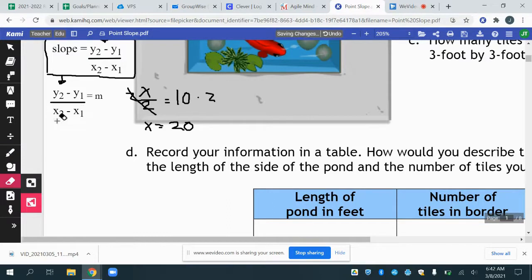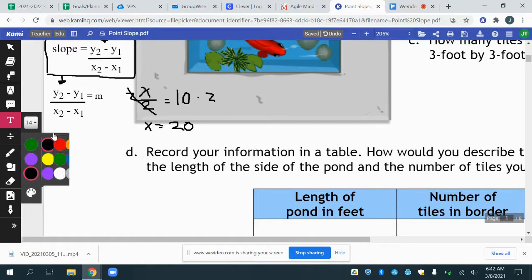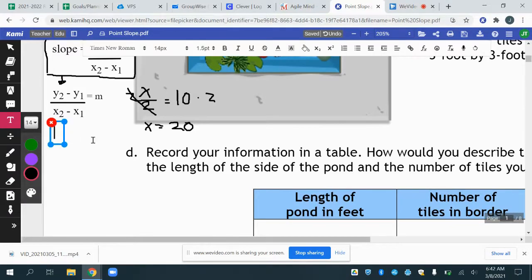All right, so we got these guys. I'm going to multiply by x2 minus x1, and I get this. On the left side, they disappear because they cancel out, and I'm just left with y2 minus y1. On the right side, I multiplied by that, just like I did here, where I had to multiply 2 times 10 and get 20.